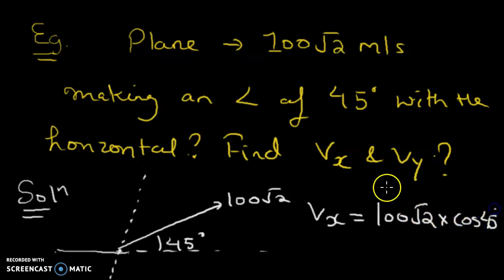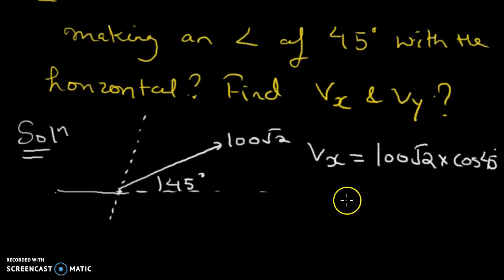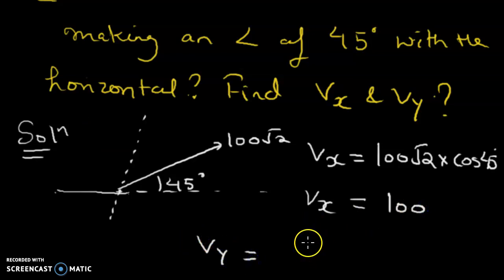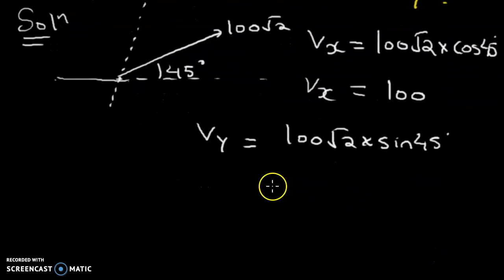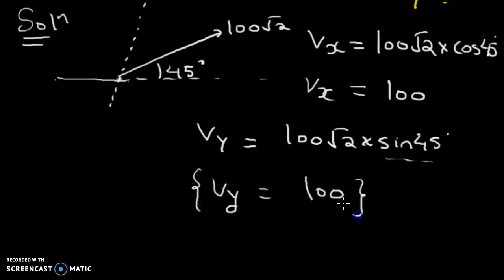What is cos 45? 1 by √2. So eventually it becomes 100. And if I ask you what would be the vertical component, 100√2 velocity into sine 45, sine 45 is 1 by √2, √2 cancels out, so it would again be 100. So Vy, both the components would be same.